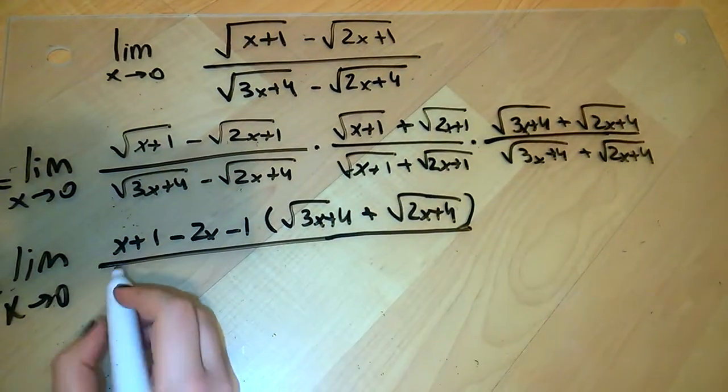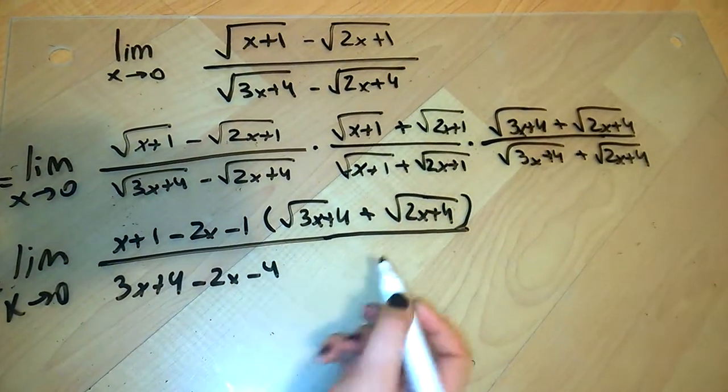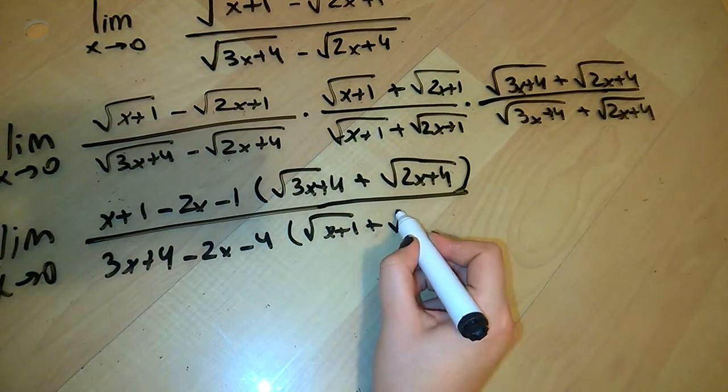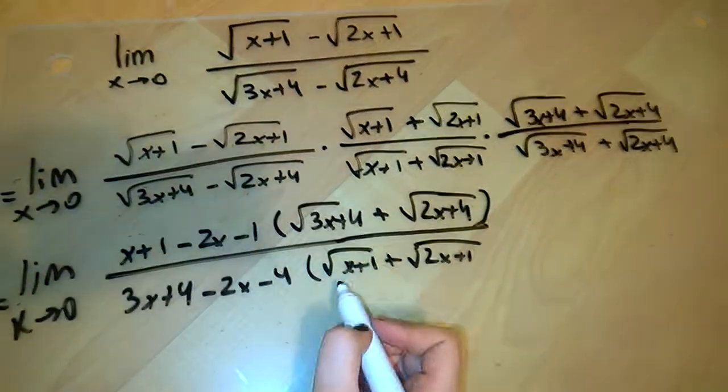And now doing the same on the bottom, we will have 3x plus 4 minus 2x minus 4 times the square root of x plus 1 plus the square root of 2x plus 1.